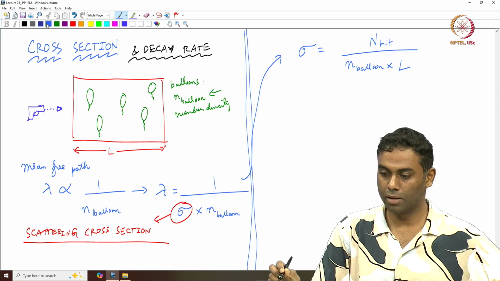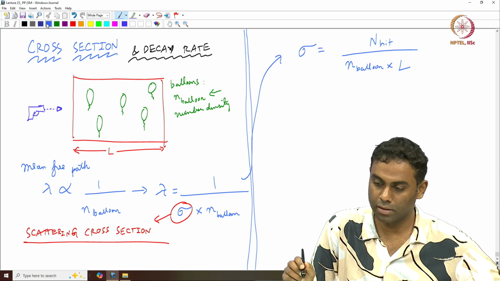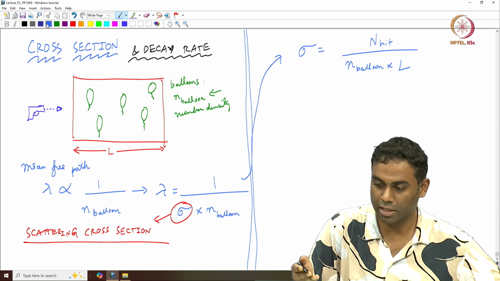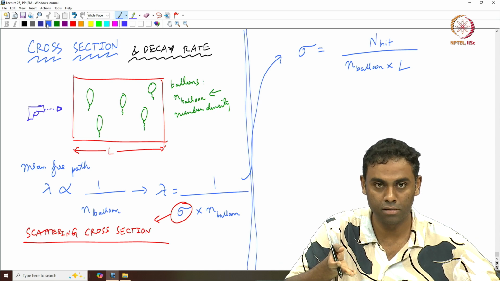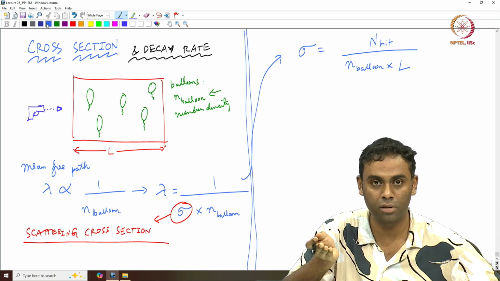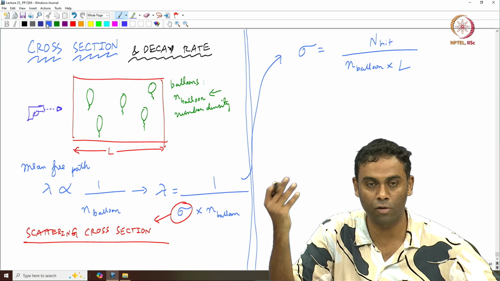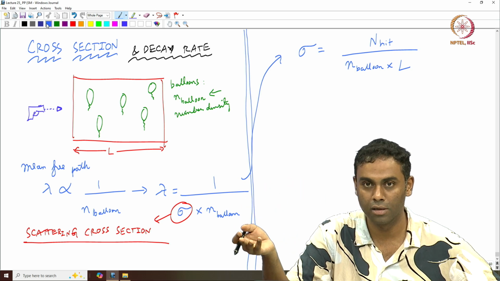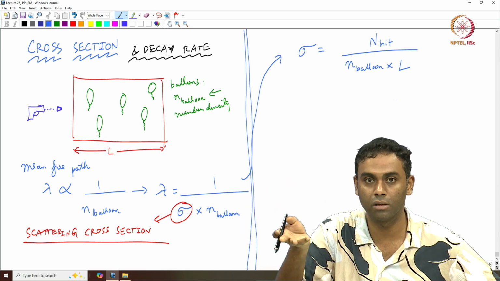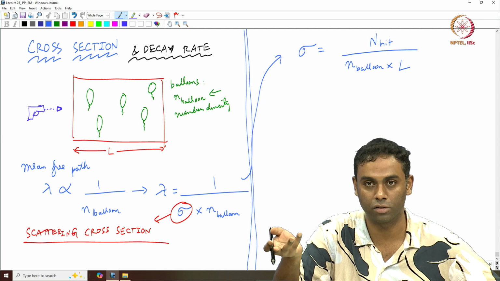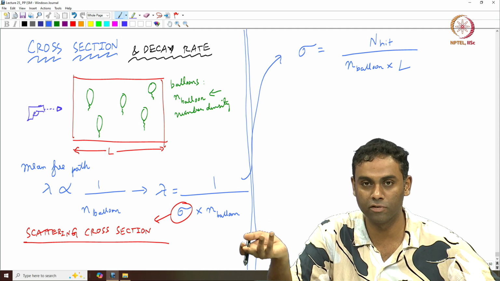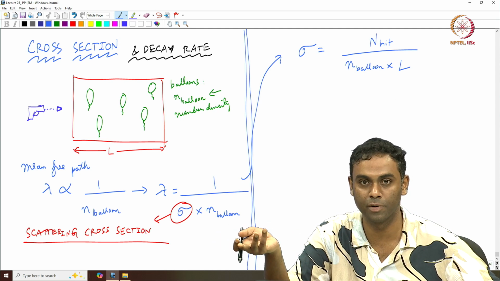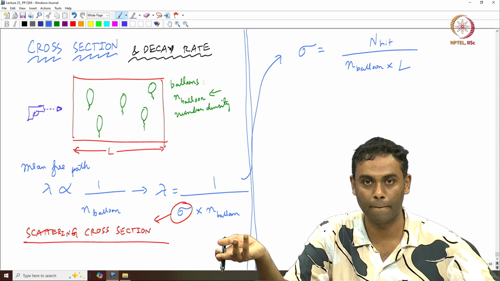If I want to measure the cross section for this system, I shoot and then I just record the number of bursts that I hear. I know the number density of the balloon, I know the length of the box, I can calculate what the cross section is. Okay, so you simply set up an experiment to measure the cross section.